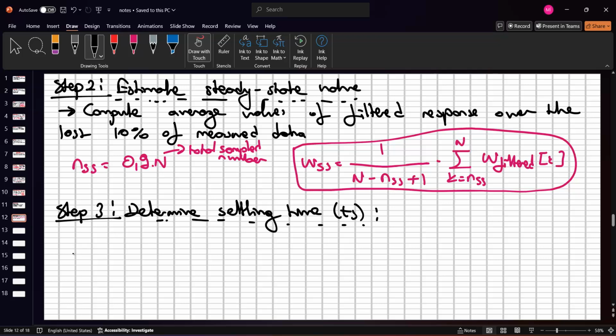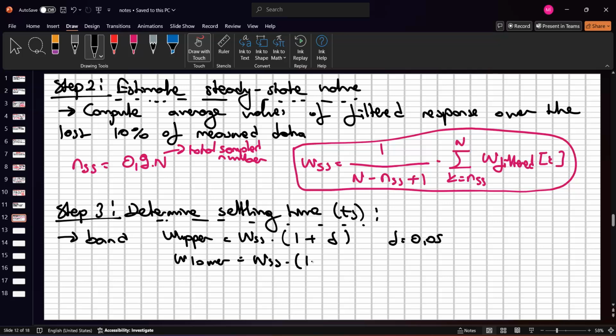In order to do that, applied on the graph, we need to build a band. W upper can be defined as W_ss times 1 plus delta, where delta is the value 0.05. And also the lower bound is assigned as W_ss times 1 minus delta.